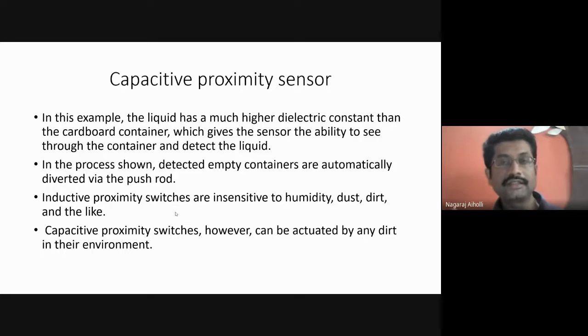If there is any change in the dielectric constant because of the dirt, it will impact the capacitive sensor, and the capacitance changes, so it may not be able to identify the nearby object, or it may faultily detect an object. If the object is not present but dirt is present, it may detect the dirt and say that the object is present. So capacitive proximity sensors are not as reliable as inductive proximity sensors.